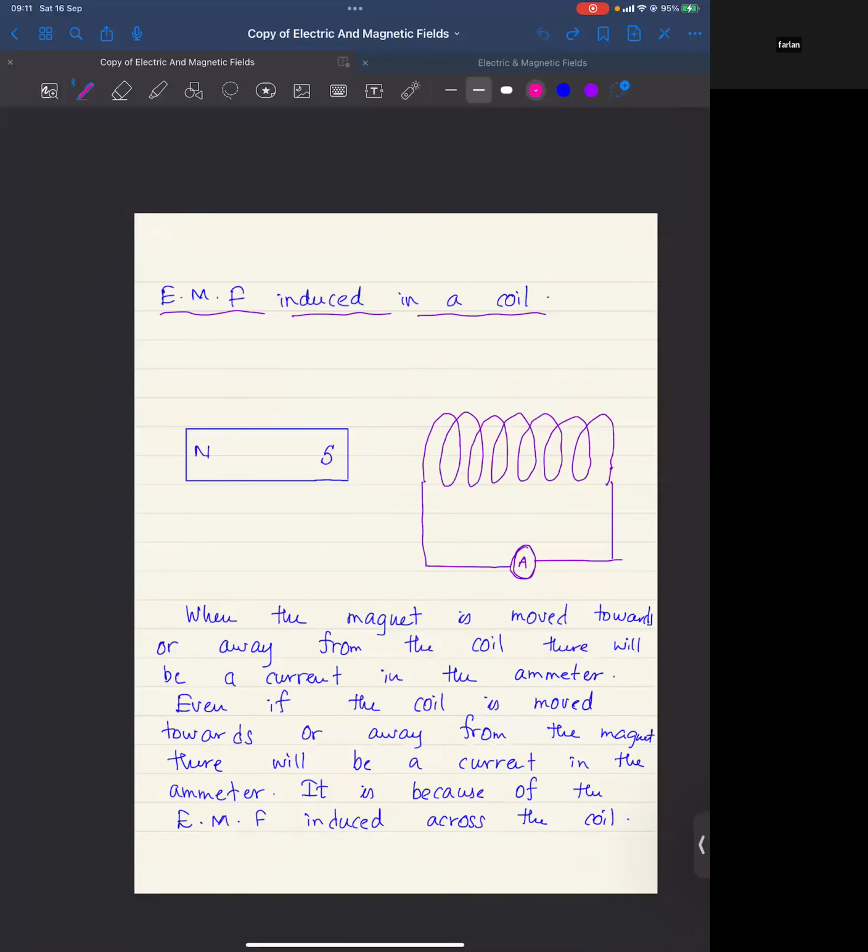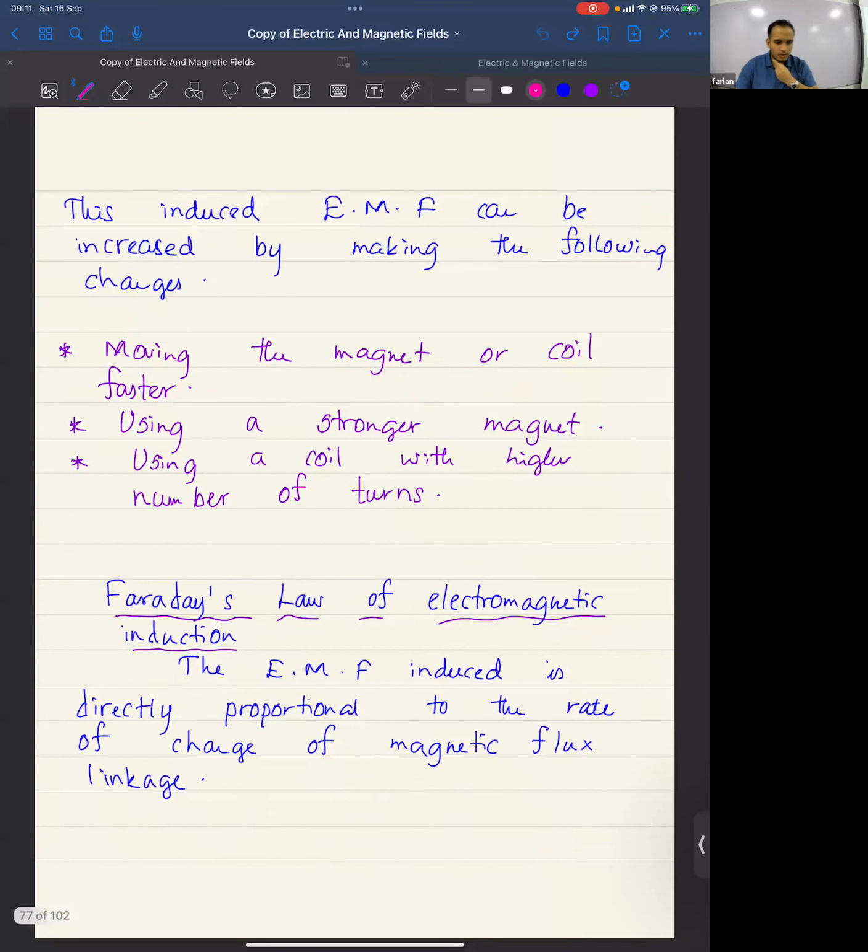Okay. Right below that. This induced EMF can be increased by making the following changes.